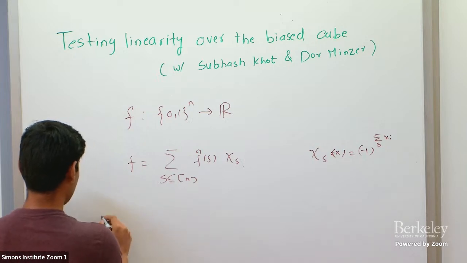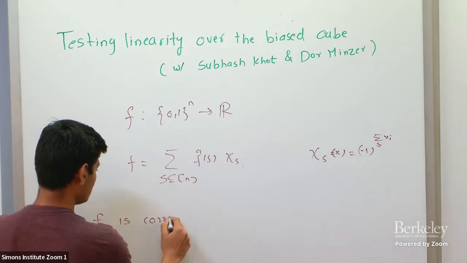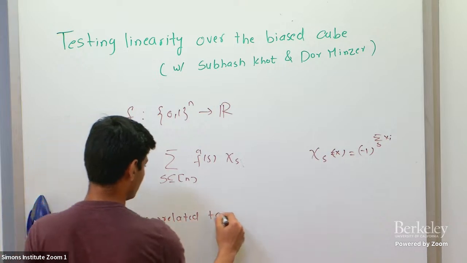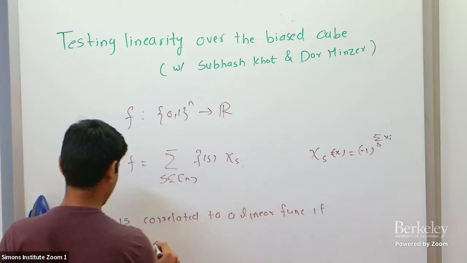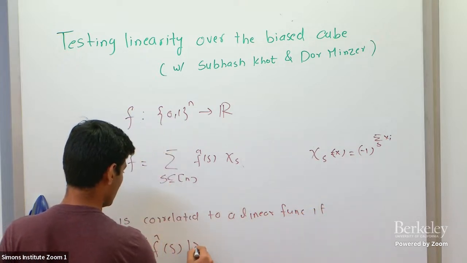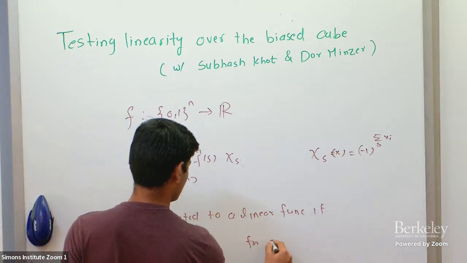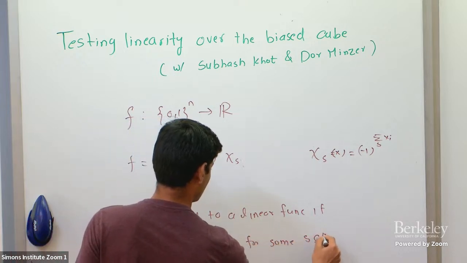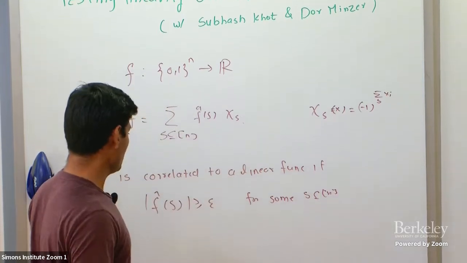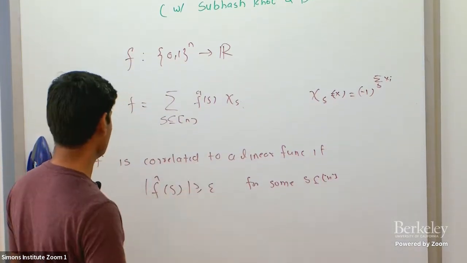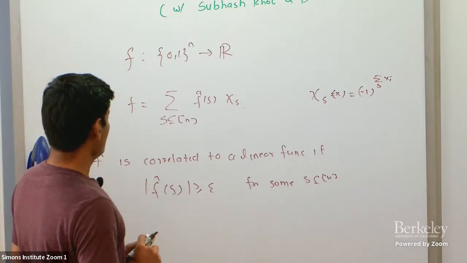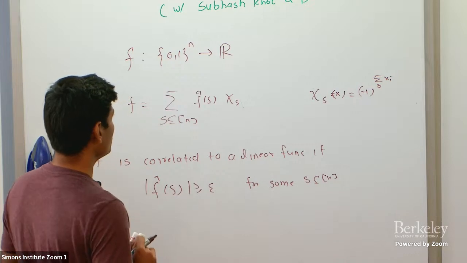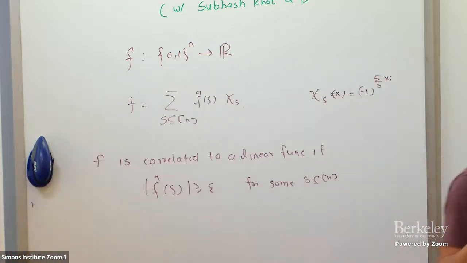And f is correlated to a linear function if f hat of S is large in magnitude for some S. And S could be the empty set, which just means it has some bias. Even then, the function is correlated to a linear function. Okay, so that's that.